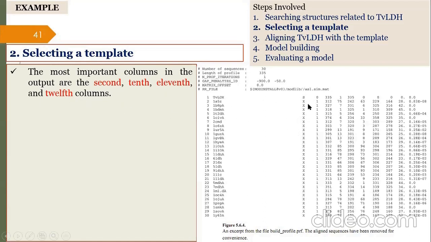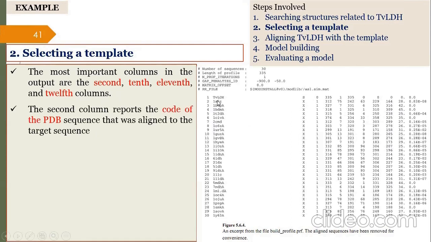Why are they important? The second column reports the code of the PDB entry that was aligned to the target. So all these are aligned to the target, and these are the PDB codes.